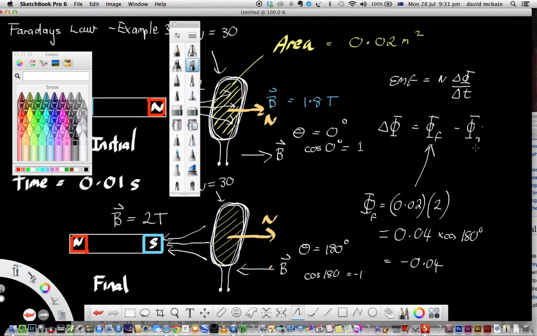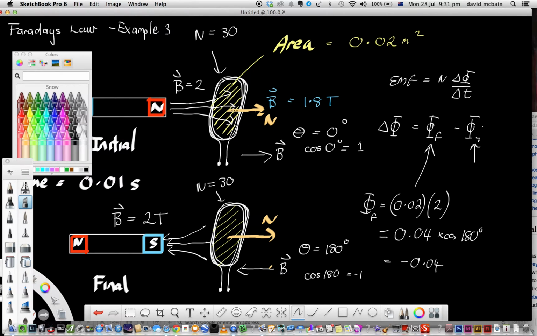On the other hand, the initial flux, which was the scenario in the first situation, all the numbers are the same, except that the angle now is 0 degrees.